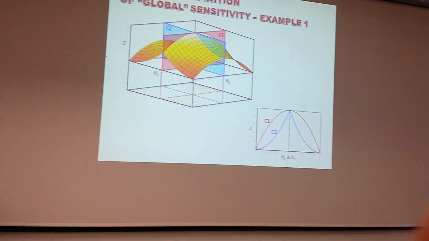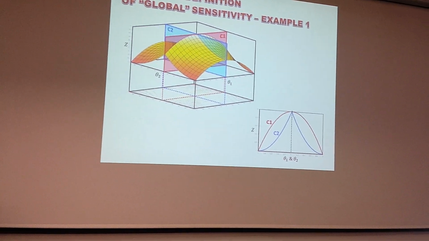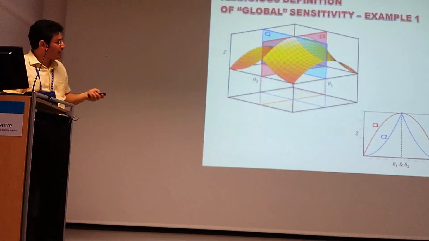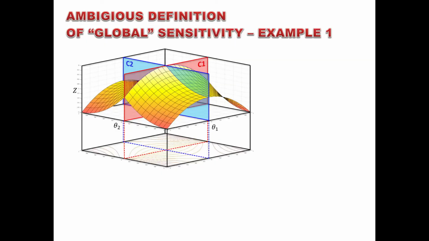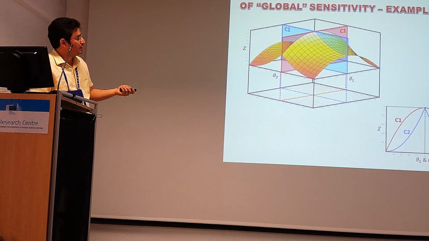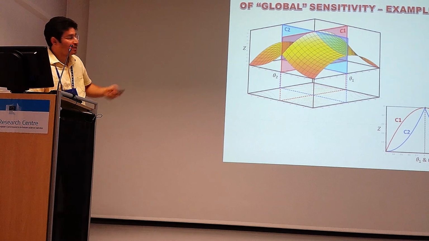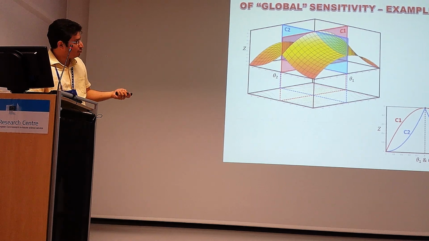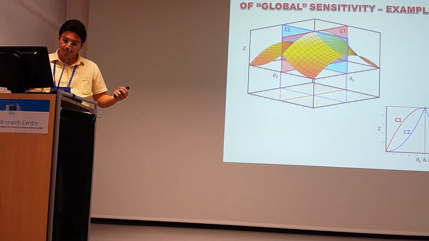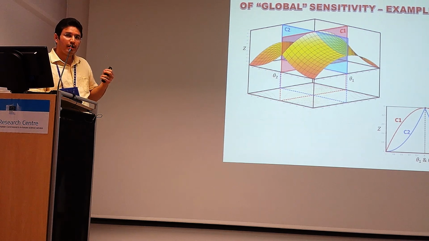Now, I'd like you to think, as a modeler, if you're asked which parameter, theta 1 or theta 2, has more impact on Z, which one would you choose? Just think about it for a second. You have a model with a response surface like this, you have two parameters, and you want to pick the more important one.